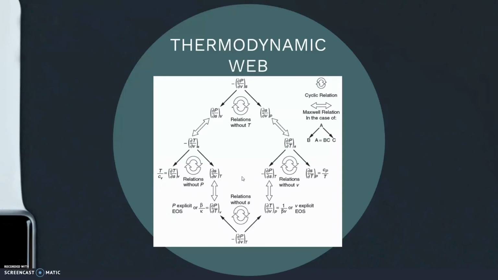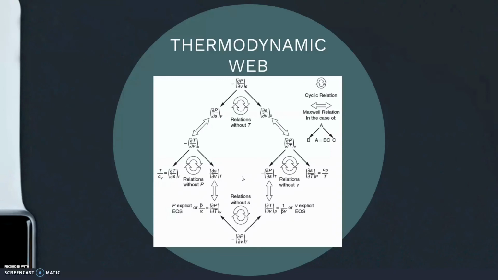T over Cv equals dT over dS at constant V. This is a relation without V, a cyclic relation, and the next separation is dS over dV at constant T. The Maxwell relation is P-explicit EOS, or beta over kappa equals dP over dT at constant V.